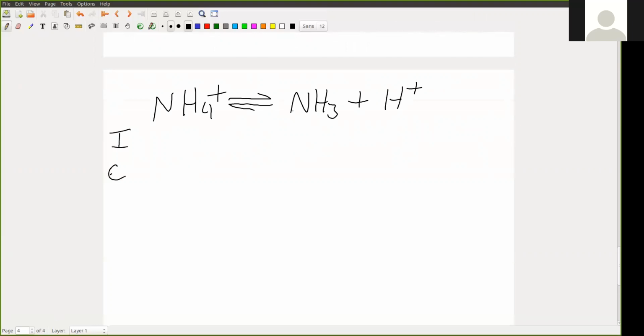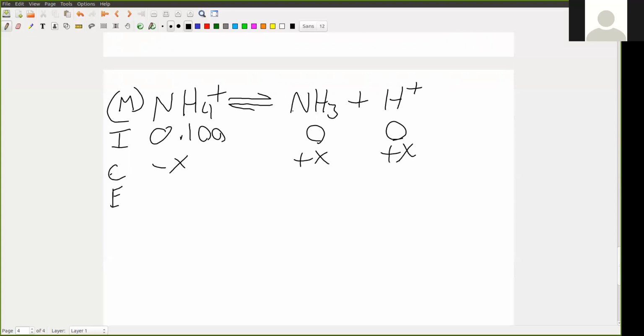And we're going to do an ICE table. And we start off with 0.100 molar. We're working in molar here. And no ammonia and 0 free protons. And we're going to take out an x on one side and then add it to the other as the concentration changes.